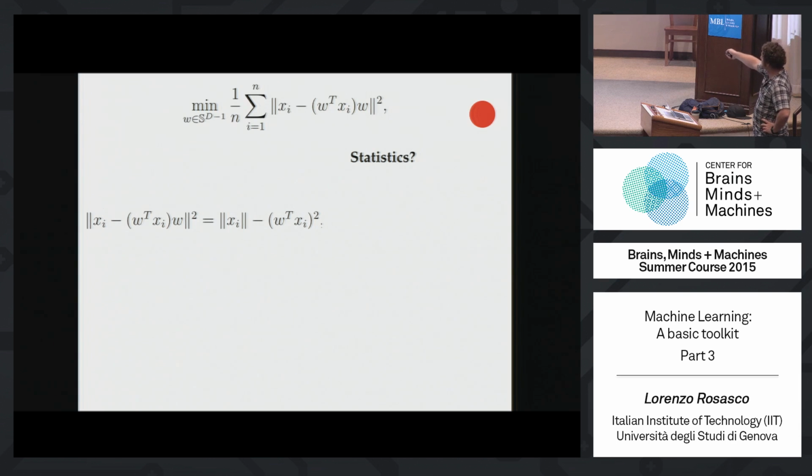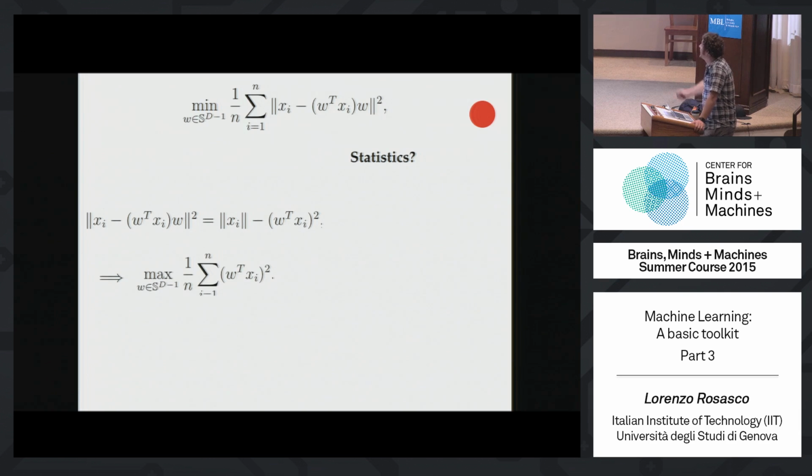If you develop this, you have xi squared, then the product of xi and w transpose xi, and then you also have the square term, w transpose xi squared times w transpose w, which is 1. So instead of 3 terms, you have 2, because two of them balance each other.